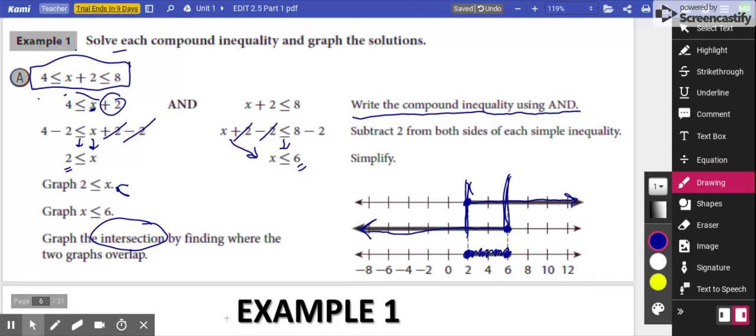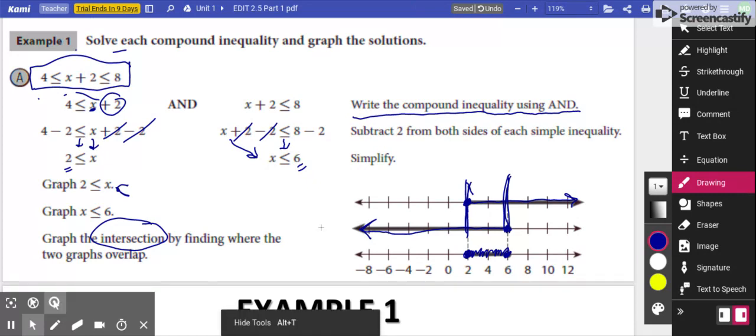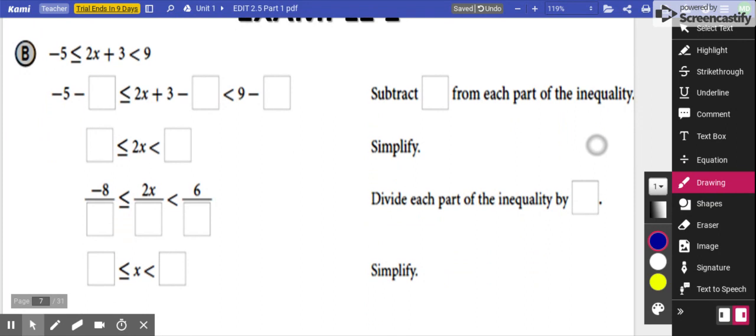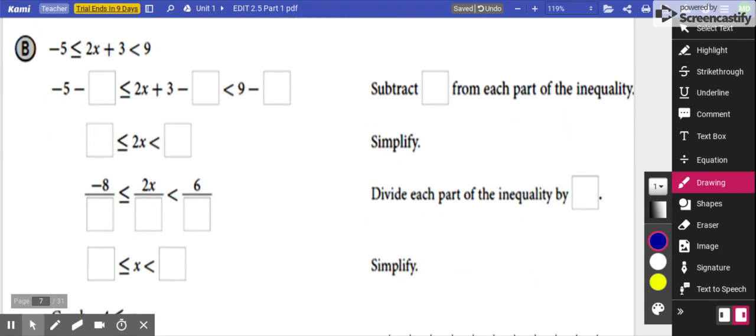So let's take a look at one more example here. We have this inequality. -5 is less than or equal to 2x plus 3, which is less than or equal. Nope, strictly less than. That was my fault. Strictly less than 9. So be very careful of your signs here.